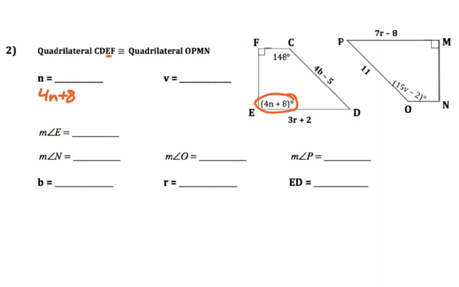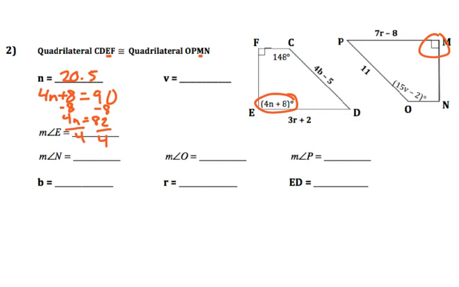And since E is the third letter, we know it's congruent to where M is. And M, right here, is a 90-degree angle. So I know that 4N plus 8 equals 90. And then I can solve my equation by subtracting 8 from both sides, which gives us 4N is equal to 82. And then we could divide by 4, and that would give us 20.5.